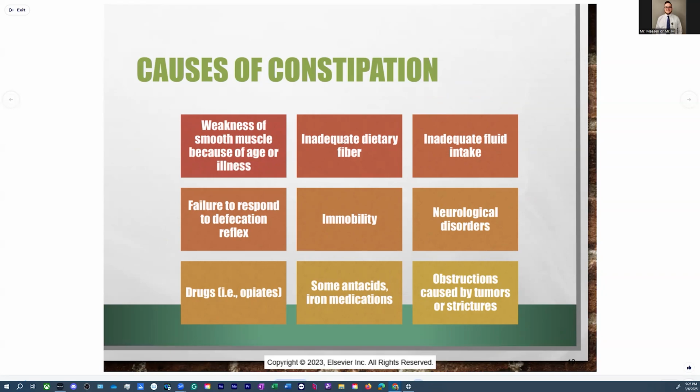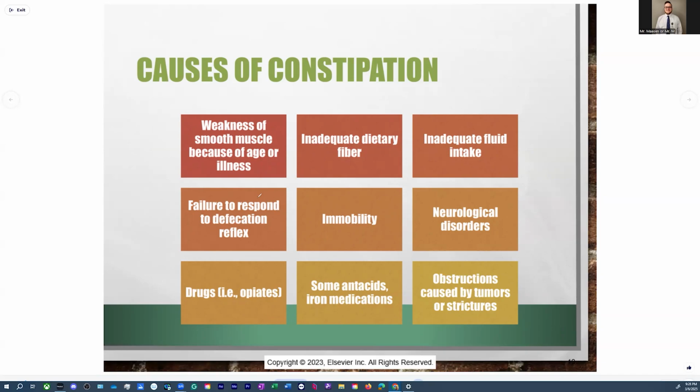Not enough fiber. Fiber is a component that basically helps keep the form of stool. If we're dehydrated, that's not going to help with the fluid balance, right? Because we're going to hold more fluid anyway, and too much fluid will get reabsorbed from the stool.